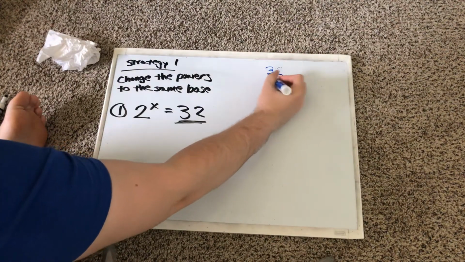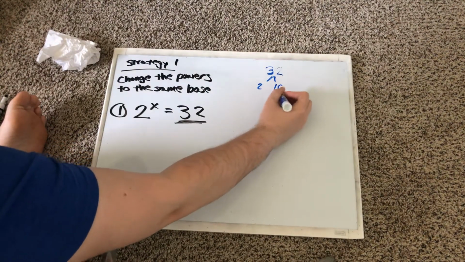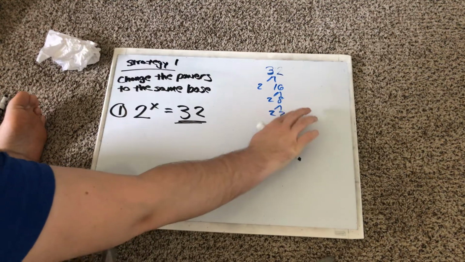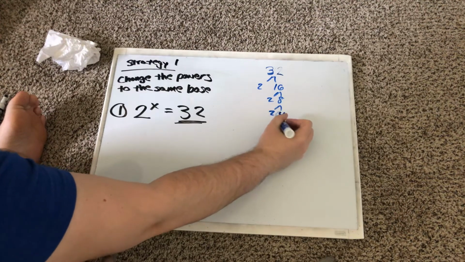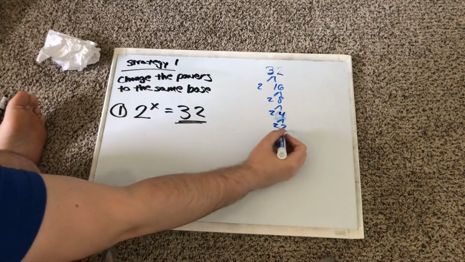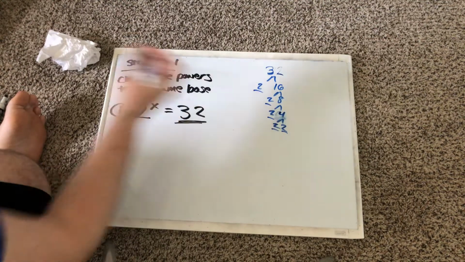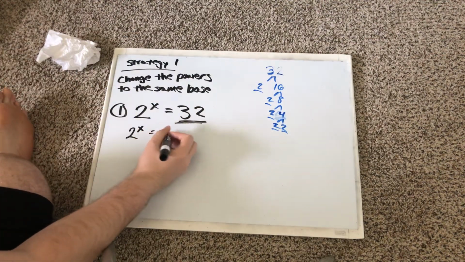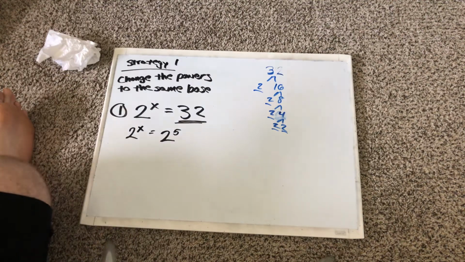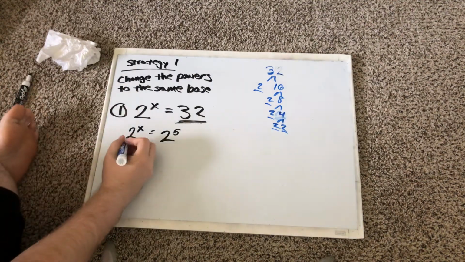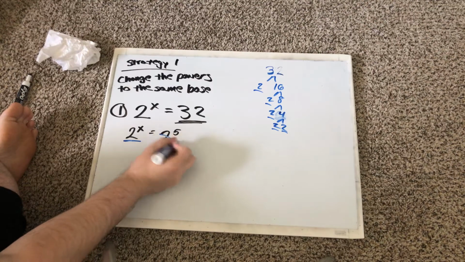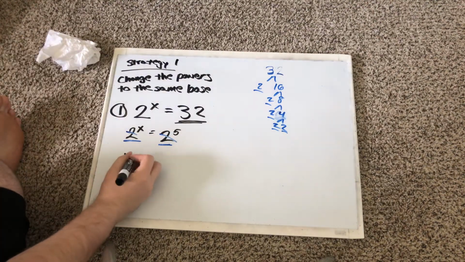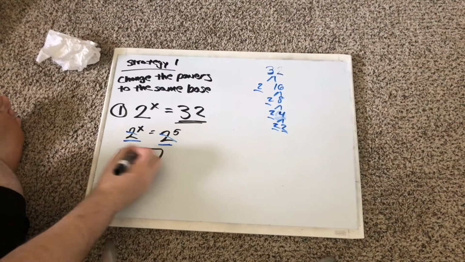I'm going to keep breaking it down with 2's. 2 and 16, 2 and 8, 2 and 4, and then 2 and 2. I got 1, 2, 3, 4, 5. So I can rewrite 32 as 2 raised to the 5th power. So now I have the same base of 2 and 2, so we can cancel those out, and we just get x is equal to 5.